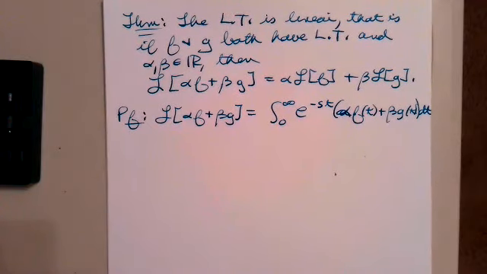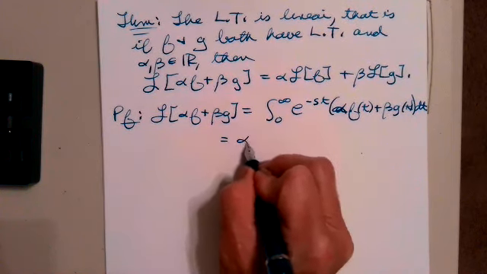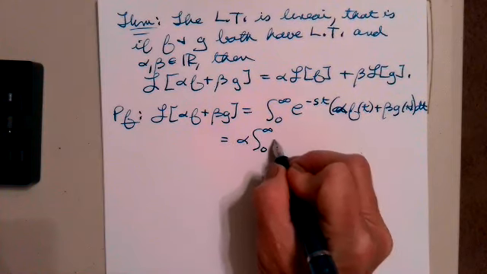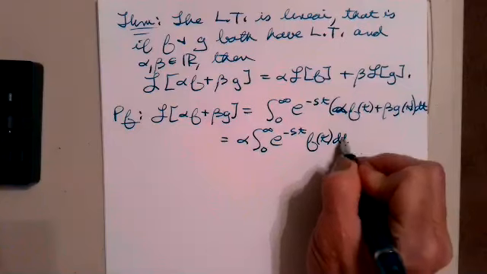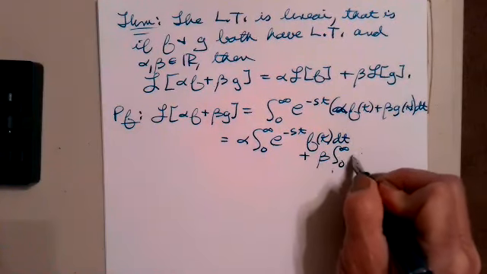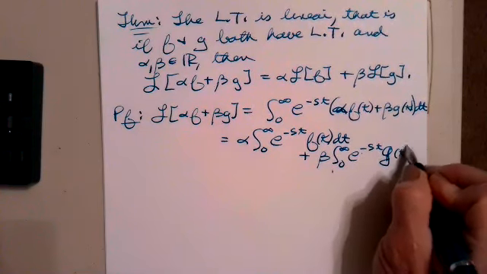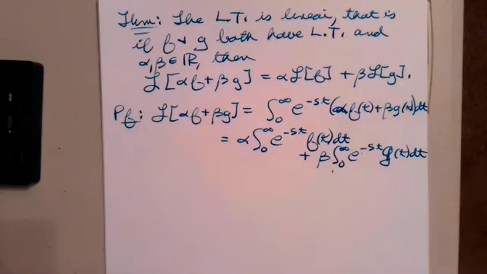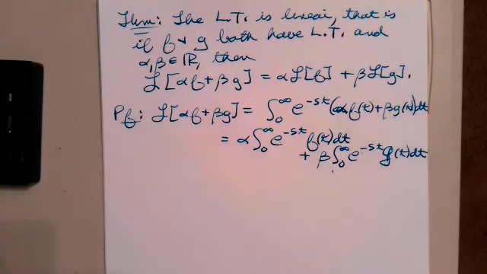In other words, the integral of the sum is the sum of the integrals, and the integral of a constant pulls outside of an integral. So this is clearly equal to alpha times this integral plus beta times this one. Oops, g of t. Okay, so that's it. That's alpha times the Laplace transform of f plus beta times the Laplace transform of g. You're done.